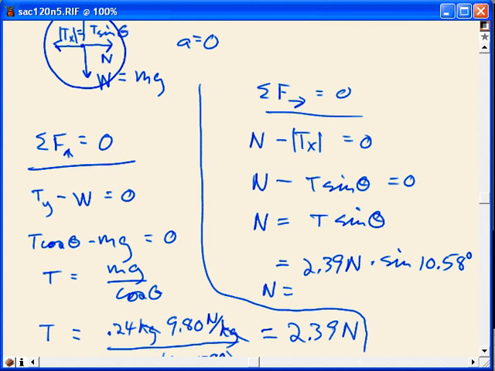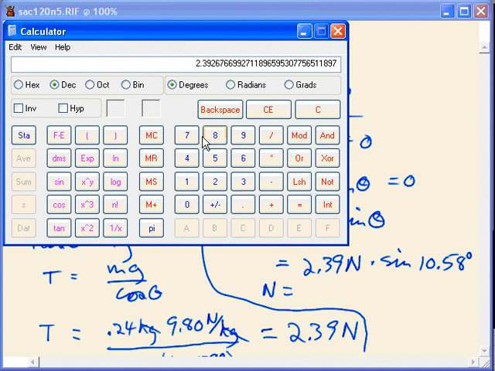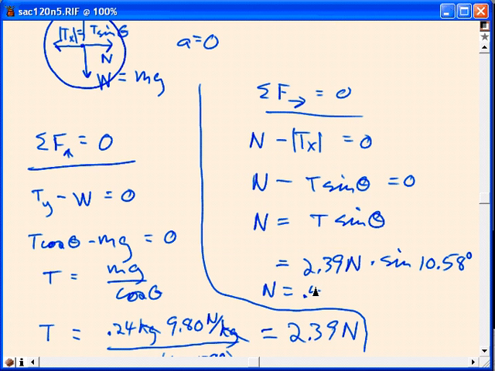Alright, let's plug those into the calculator. 2.39 times 10.58 sine equals 0.439, call it 0.44 to 2 sig figs, 0.44.